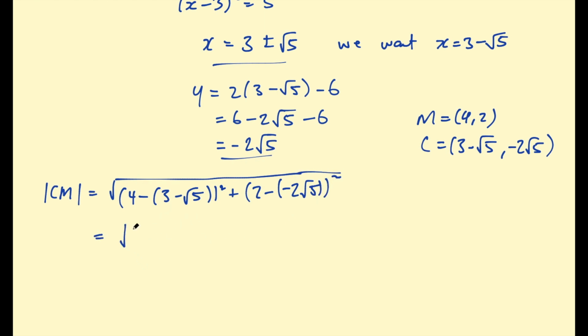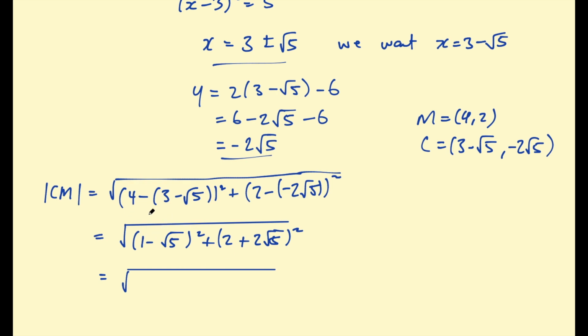So let's simplify. 4 take 3 is 1, so this would just be 1 take root 5 all squared, and this would be 2 plus 2 root 5 all squared. Okay, what's the best way to simplify this? Well, actually, by the way, this should be a plus, shouldn't it? So that was take negative root 5, so that should be 1 plus root 5.